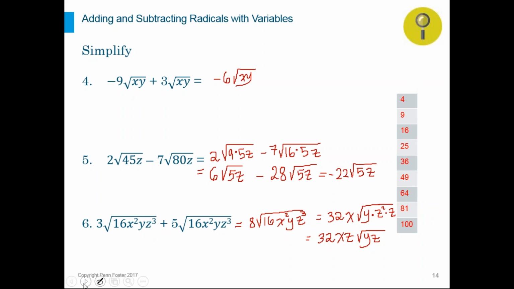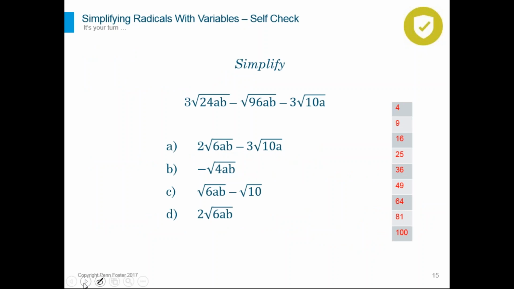Okay, let's go to the next slide, and it is a self-check. 3 square root of 24ab minus square root of 96ab minus 3 the square root of 10a. How should I perform the operations with those three radicals? Take your time and try to find the right answer.